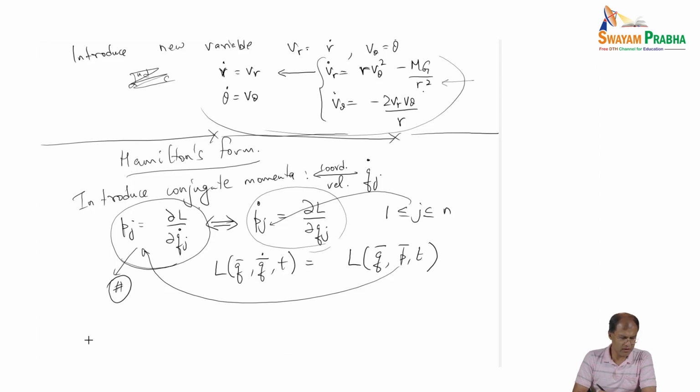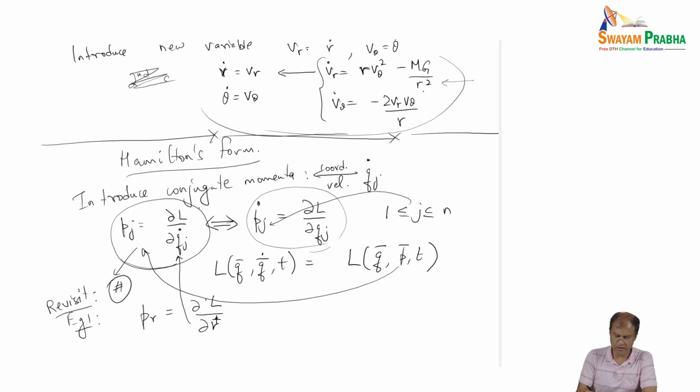Let us now look at the first equation back again. So we are revisiting the first equation. Our momenta along the r direction, P_R, was partial L partial r dot.